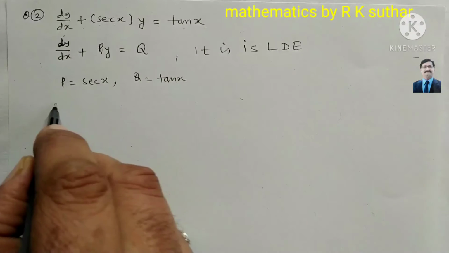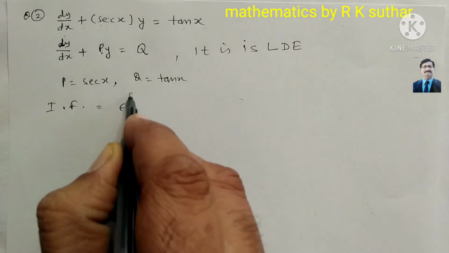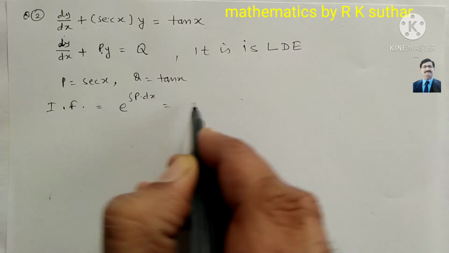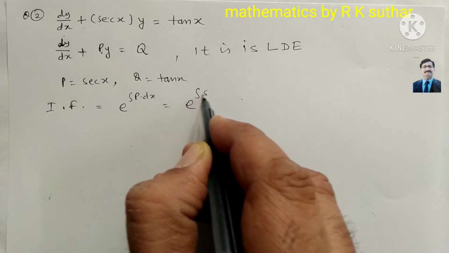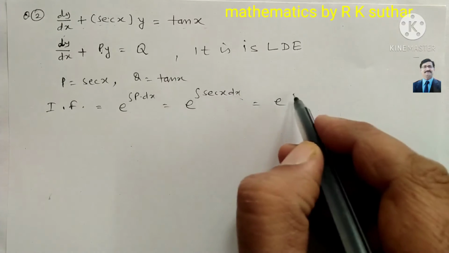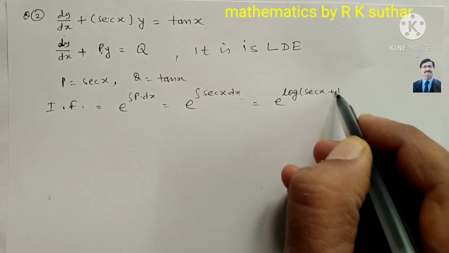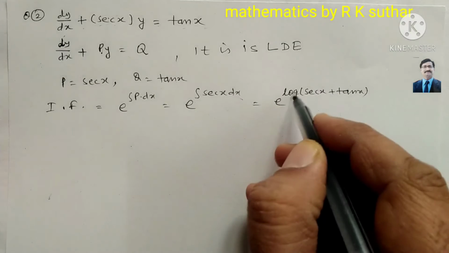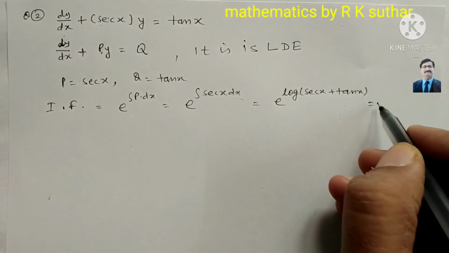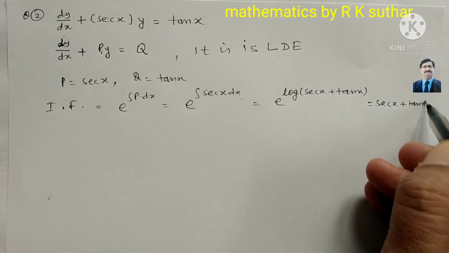Now first we find the integrating factor, which is e to the power integral P dx, here integral sec x dx. For sec x dx we have the formula log(sec x + tan x). So the e power and log cancel, and we get sec x + tan x. This is our integrating factor.